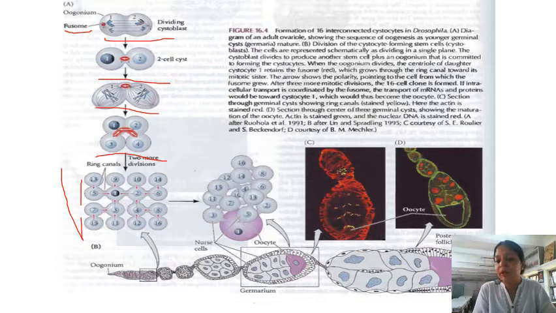That cell will become the egg. The other 15 cells are going to function as nurse cells, and they will have polytene chromosomes. They will undergo active transcription, and they will form a large amount of RNA, which will ultimately be transferred to cell number 1, which needs these RNAs for functioning after the fertilization.